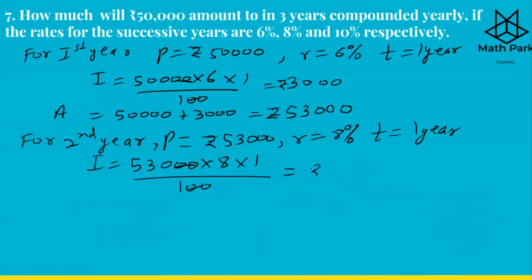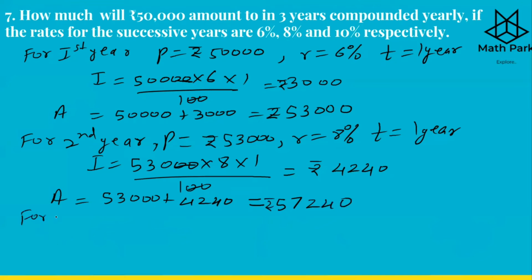So this is how we get this as rupees 4,240. Okay. So the amount is equal to now 53,000 plus 4,240, which is equal to 57,240. This is the amount at the end of second year.